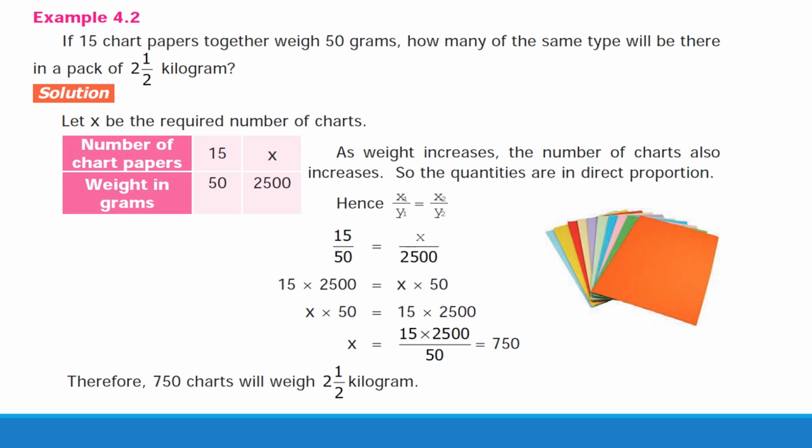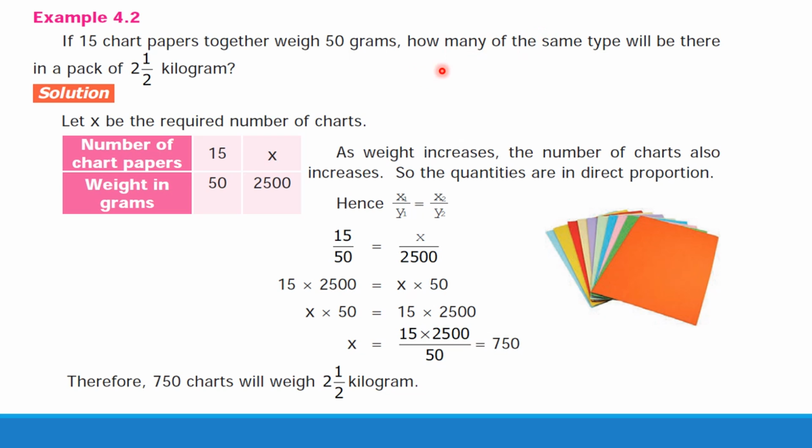Next example. If 15 chart papers together weigh 50 grams, how many of the same type will be there in a pack of 2.5 kilograms? So we have to find the number of charts. So we take it as x. Here what are the two quantities? Number of chart papers and weight.